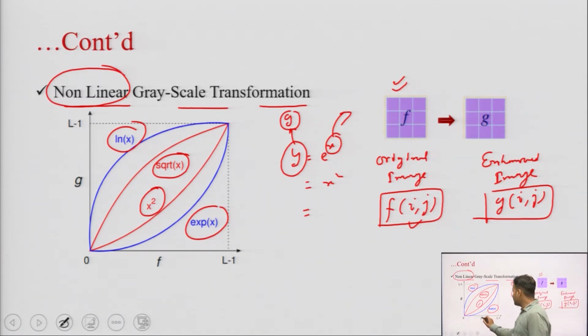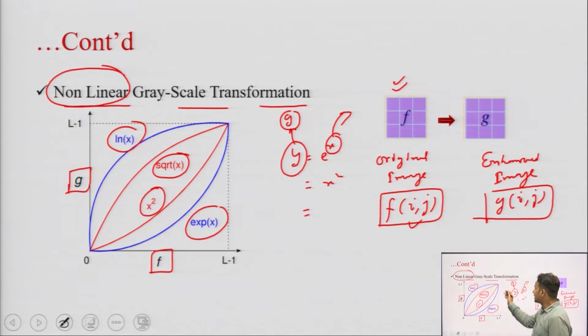So if we have the f image on this axis, then you can directly get the value of g related to these kinds of non-linear functions. All these types of functions belong to non-linear functions.